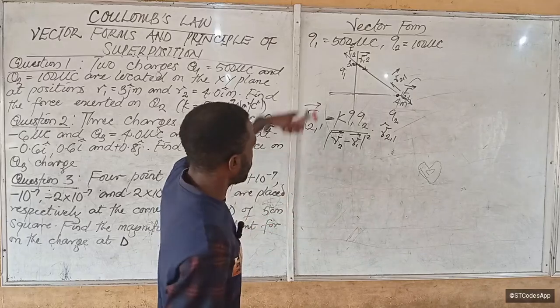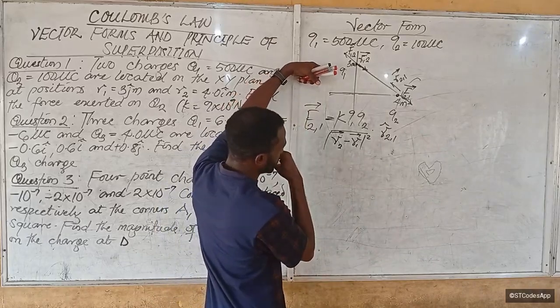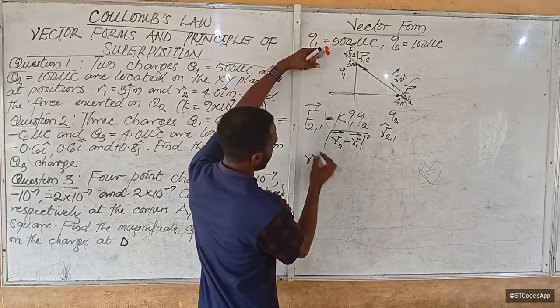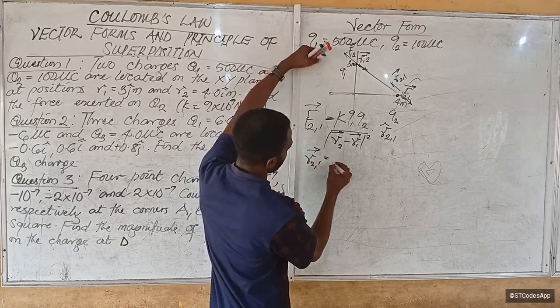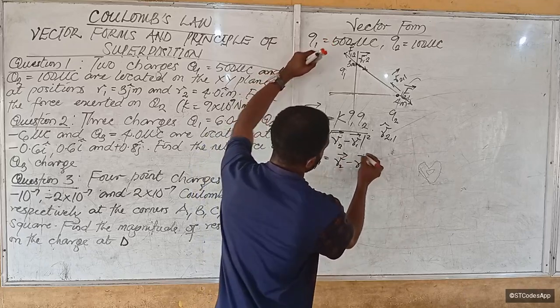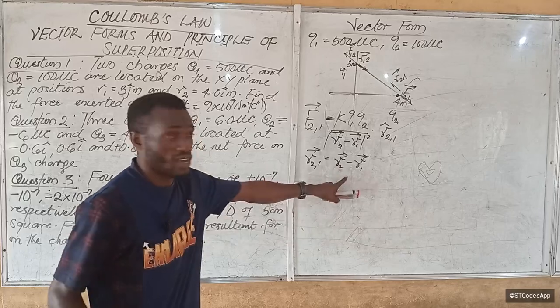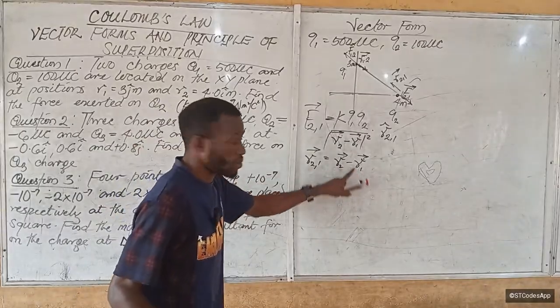I hope that is clear. So let's find this value first, which will be our position vector from 2 to 1. That becomes R2 minus R1.